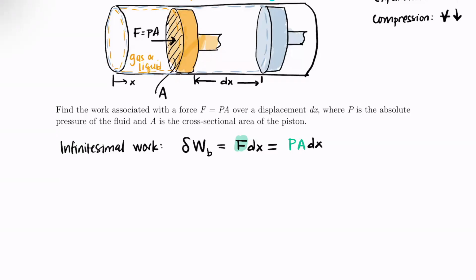And then there's something convenient that arises here. If we have A times dx, that is actually our differential volume. That is this volume here, area of the base times the height, right?